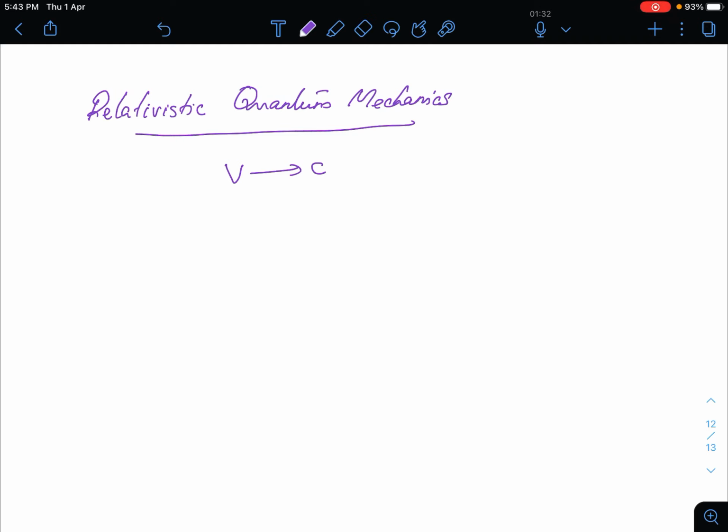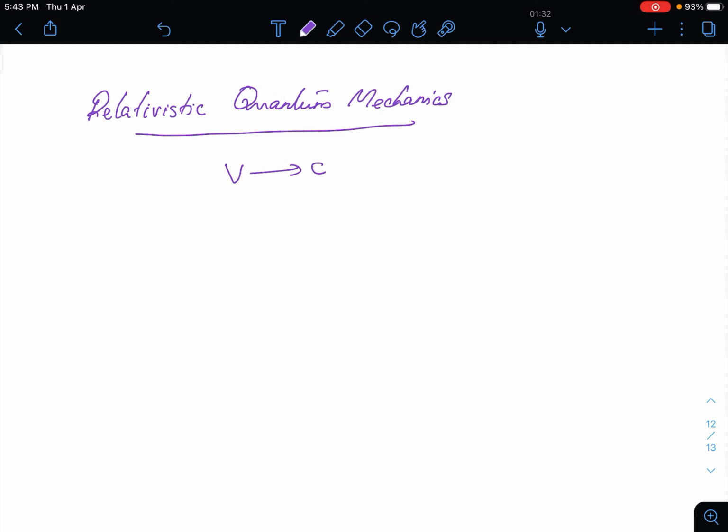Schrodinger himself, and Dirac, they all tried to postulate new forms of the Schrodinger equation which can be Lorentz invariant.